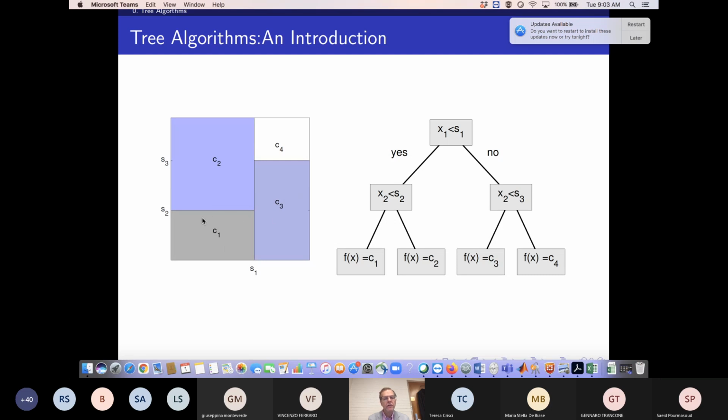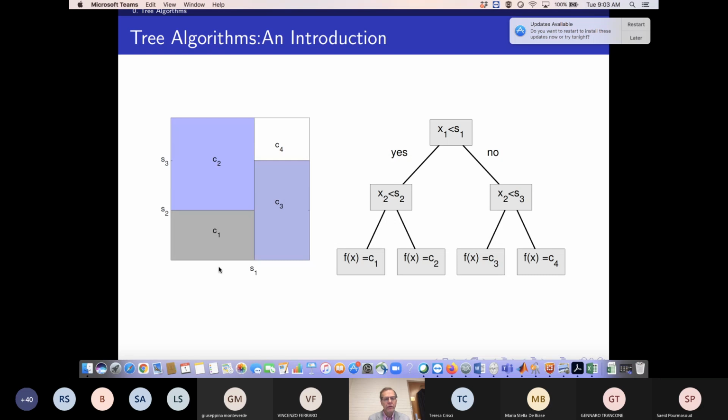Then these rectangles are further divided by some values s2 or s3, and you are dividing your space again. Little by little, you are filtering your data so that at the end, you know exactly in which rectangle you are. Then this rectangle represents a class that you want to classify your x into.